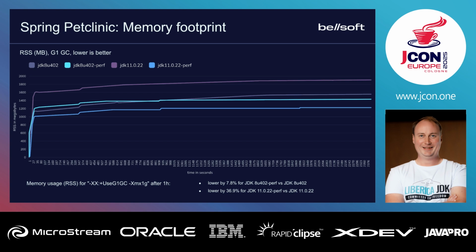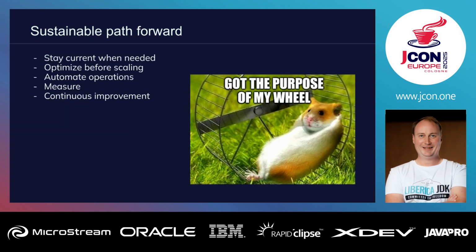So using all the techniques, fuse JDKs, virtual threads, right? Garbage collectors. And just turn from that upset hamster into that happy hamster, who just knows that yes, there are ways to improve your application without much harm.